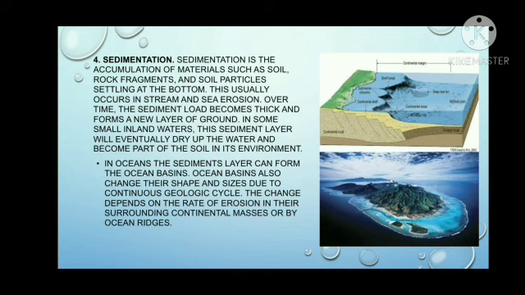In oceans, the sediment layer can form the ocean basins. Ocean basins also change their shape and sizes due to the continuous geologic cycle. The change depends on the rate of erosion in their surrounding continental masses or by ocean ridges.